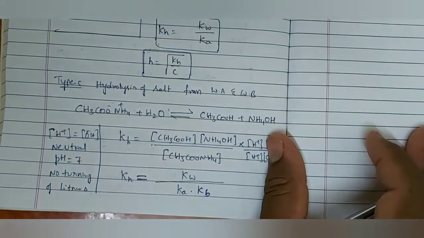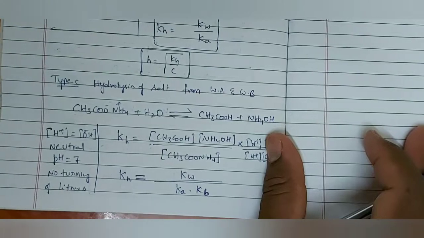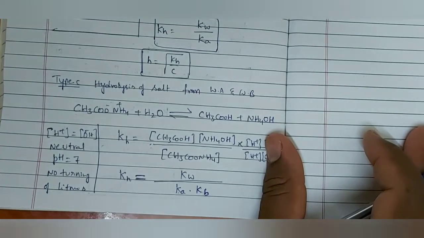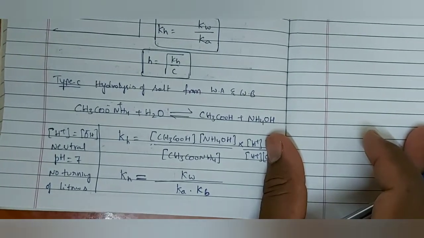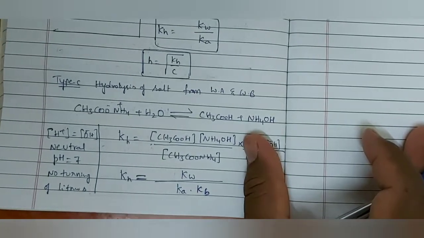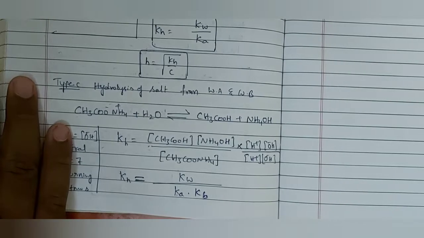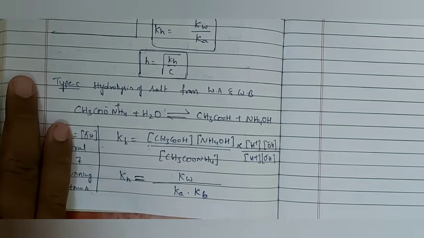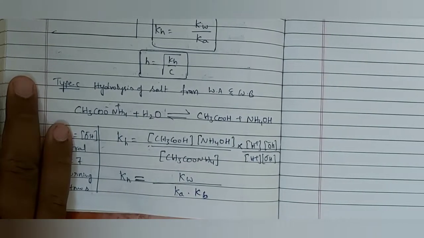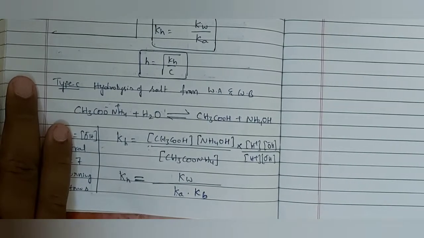Previously we got either Ka or Kb only, but here we got both Ka and Kb. That's why Kh is equal to Kw by Ka into Kb.